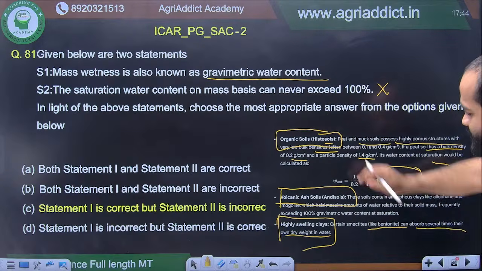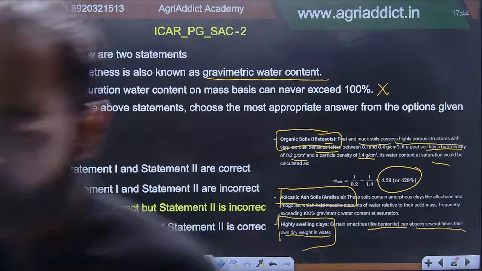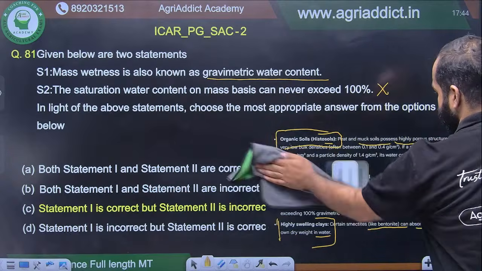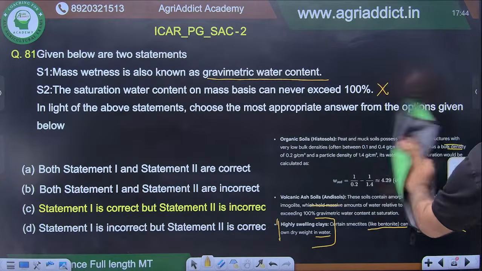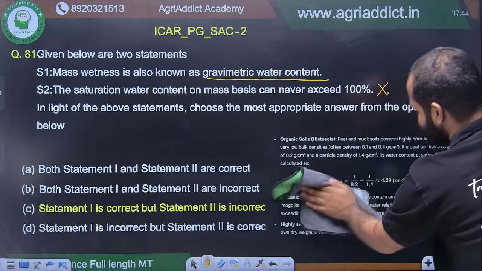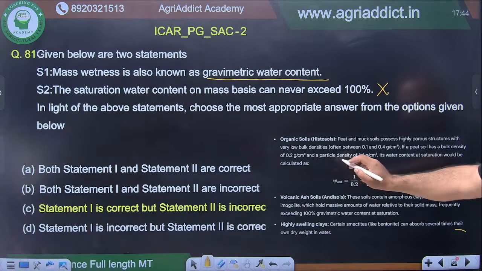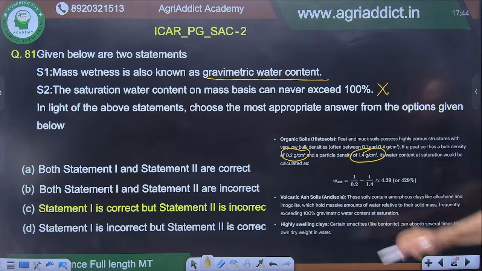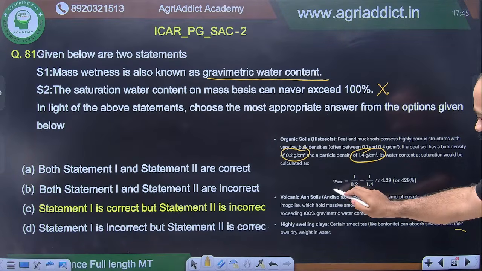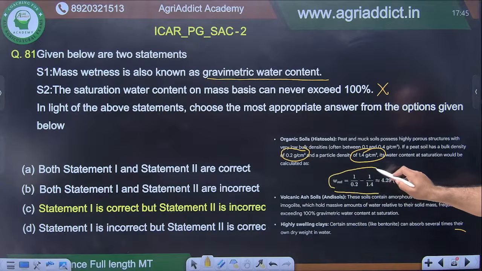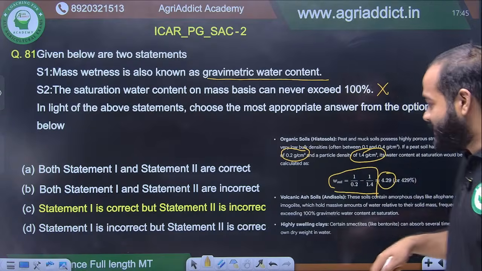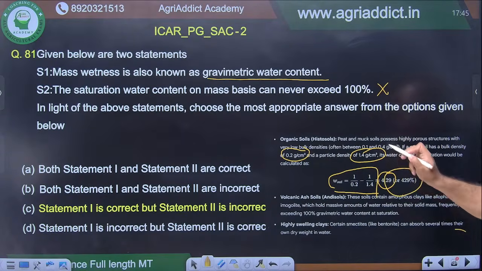See in this organic soil, in this histosol. I have given a beautiful example here. If bulk density is 0.2 and particle density is 1.4, then the water content, that would be the porosity at saturation, would be 4.29. We know porosity is always less than 1, that is less than 100%. But here it is coming 429%.